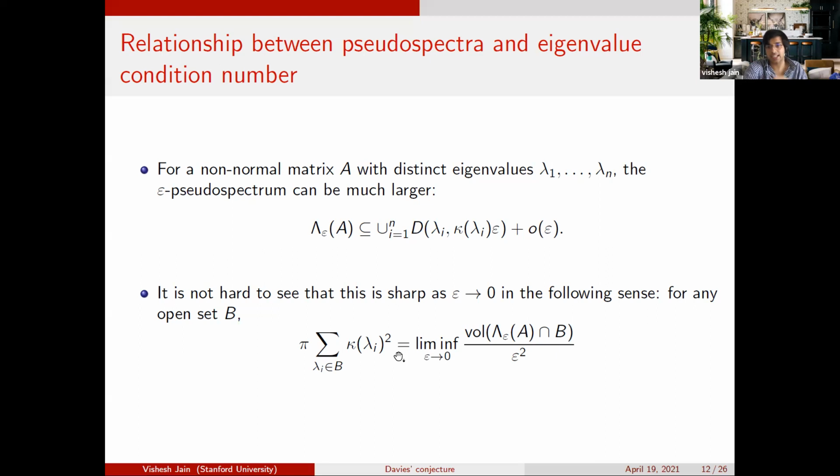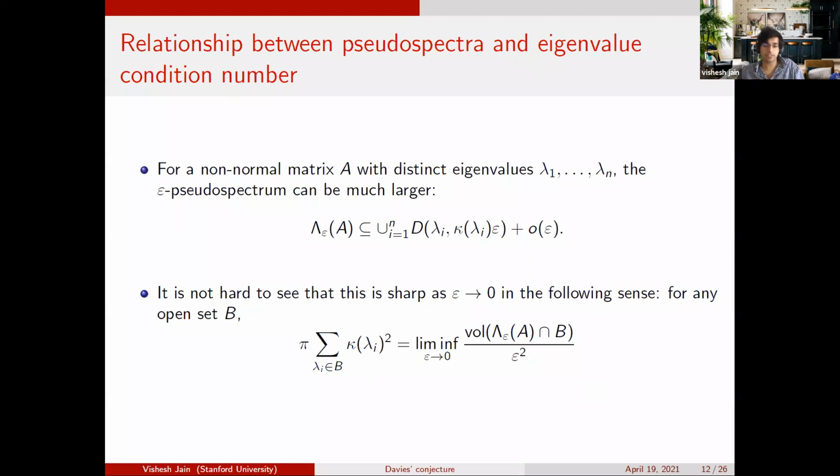And what this is saying is that this is actually true in the limit, right? So in the limit, this relation is reversible. You can ignore this thing right now. You can imagine, for instance, that all of my eigenvalues are contained in some ball. So what this is saying is that the limiting value of my pseudo spectrum is the union of these disks of radius kappa lambda_i times epsilon, right?